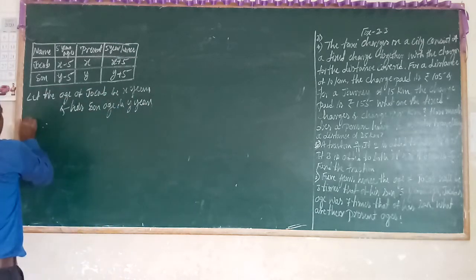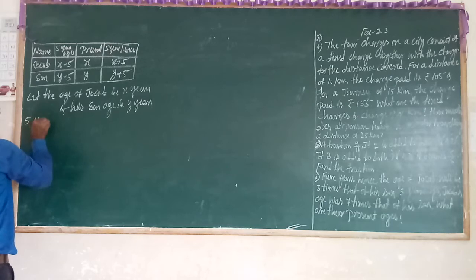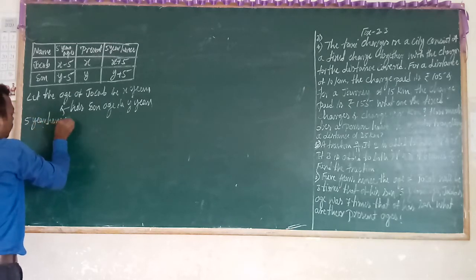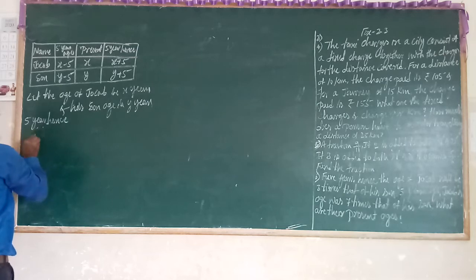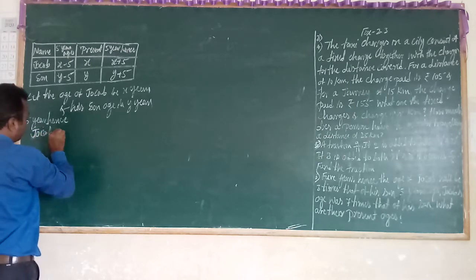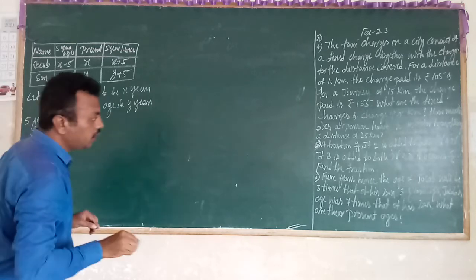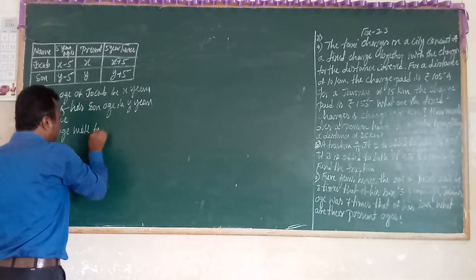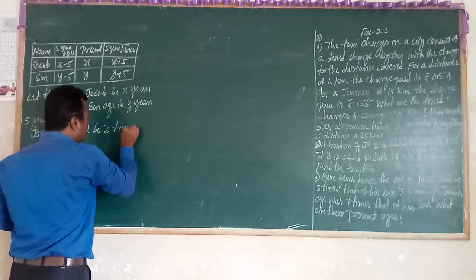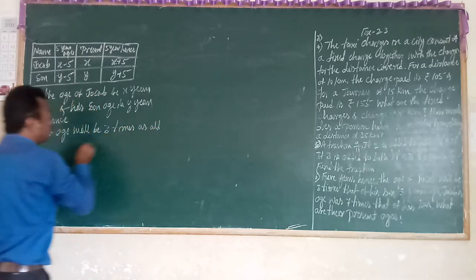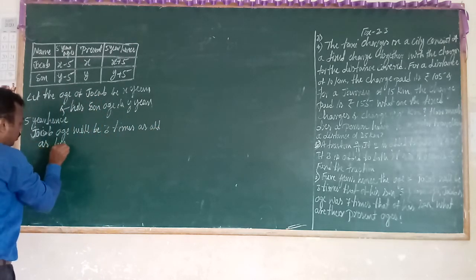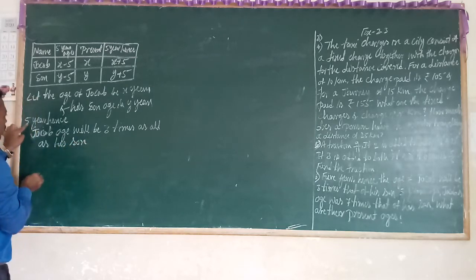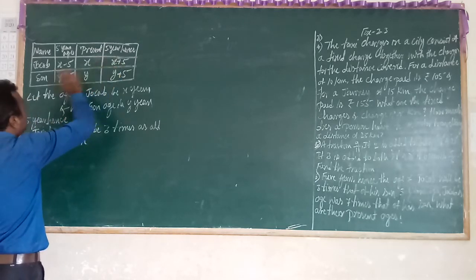Now, 5 years hence, Jacob's age will be 3 times as old as his son.